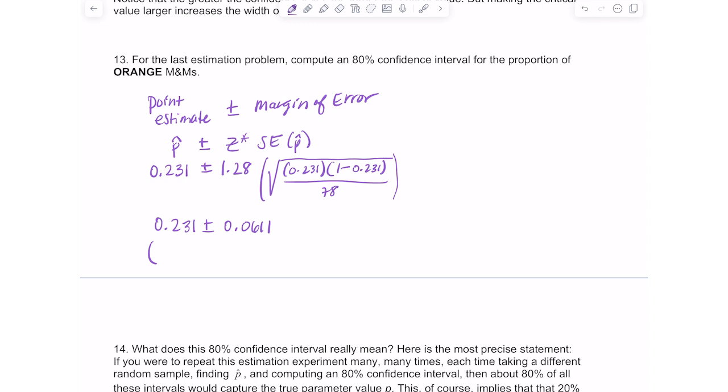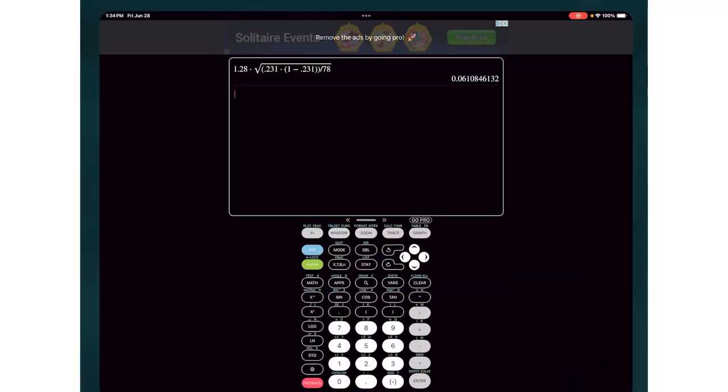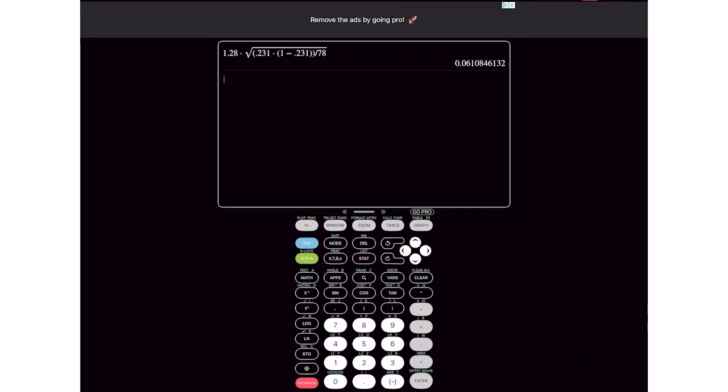So to do that, I need to do 0.231 minus 0.0611 and then 0.231 plus 0.0611. Okay, and that's going to give me my boundaries now. So 0.231 minus 0.0611, that's going to be my lower bound, and then 0.231 plus my margin of error gives me my upper bound.